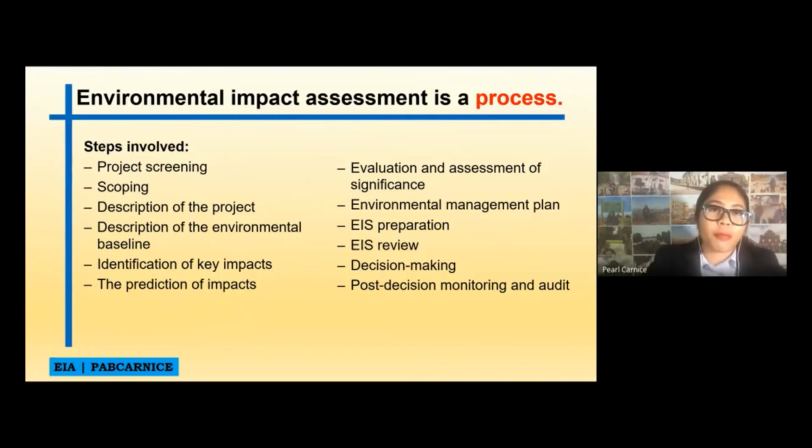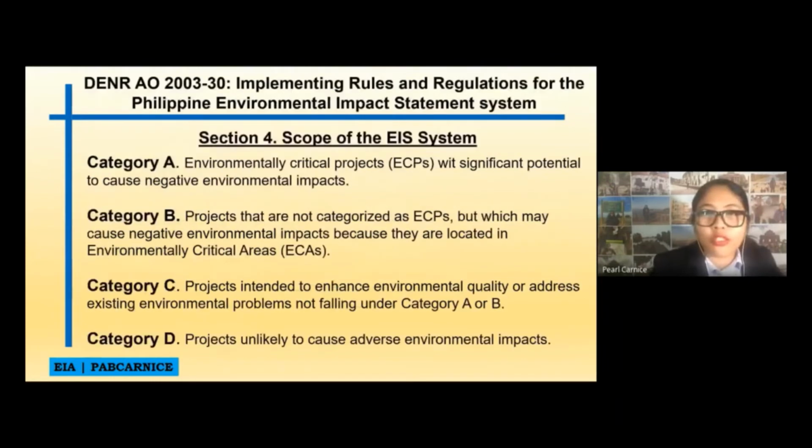Of course, the EIS preparation, the EIS review, which is done by the DENR-EMB, and the decision making, and of course, the post-decision monitoring and audit. I know this has been mentioned, I will just run through this. Again, in our DAO 30-2003, the implementing rules and regulations for the Philippine Environmental Impact Statement System, Section 4, we have categories A, B, C, and D. Category A is ECP, Environmental Critical Projects.